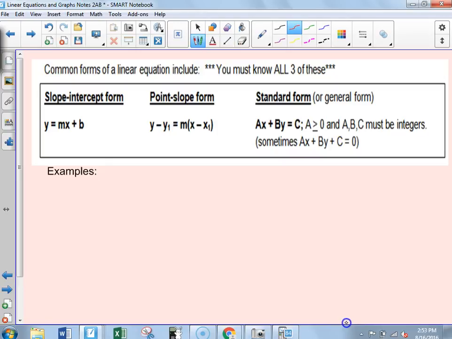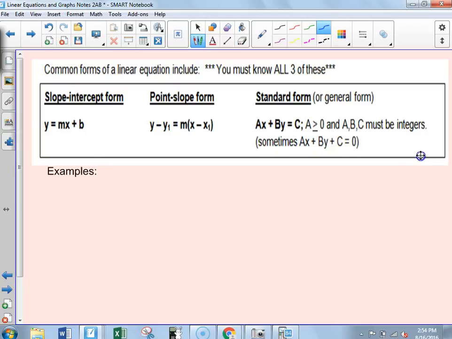S is used sometimes for just side, like the number of sides. And they use S in what's called Heron's formula for a semi-perimeter. Did you do semi-perimeter last year in Heron's formula? In geometry. Yep. All right.